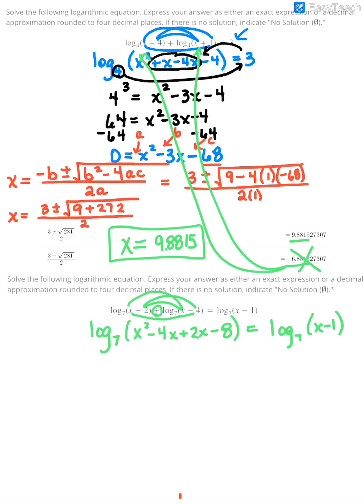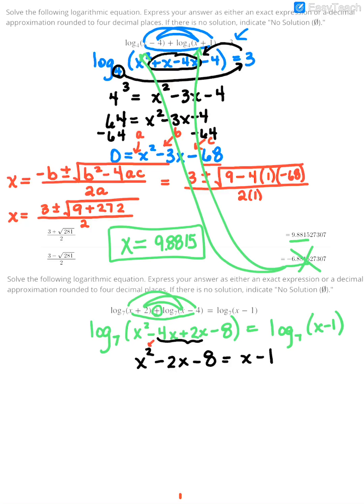So once both sides have a log, then you're ready to just set the expressions equal. And as I do this, I will also combine those like terms. So negative 4x plus 2x is a negative 2x. And then on the right-hand side, we just have x minus 1. So once again, this has led me to a quadratic equation because I see the squared term here.